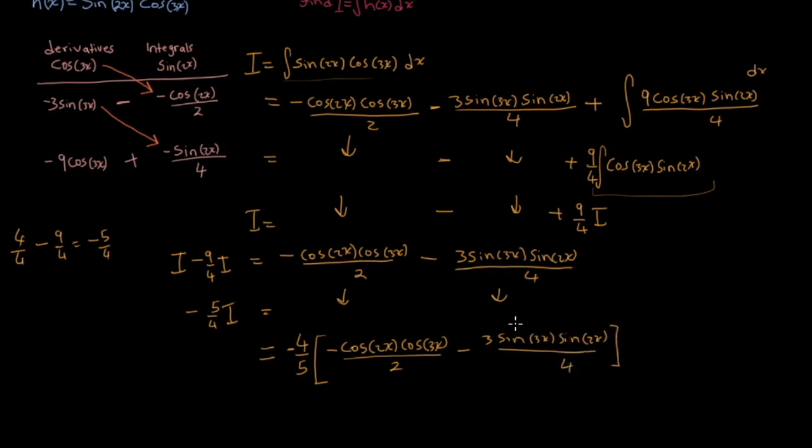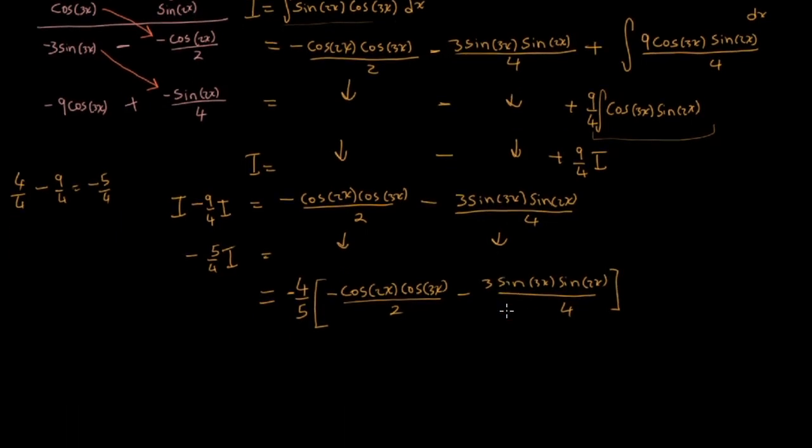From here we can multiply the negative sign into the brackets, which will cancel out. This should say plus c now.